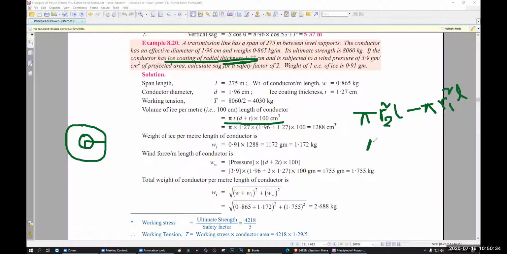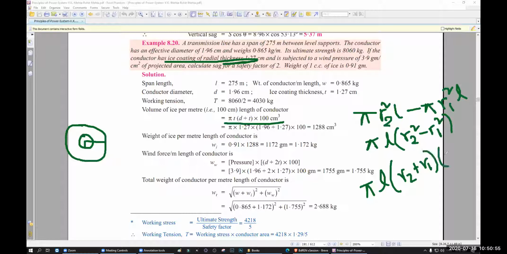From there we can take pi common and L common. You have R2 square minus R1 square, and you can put in the formula.